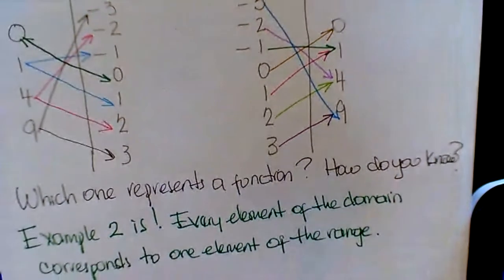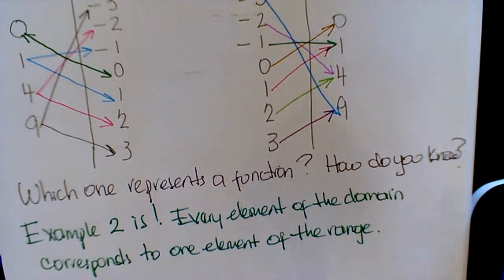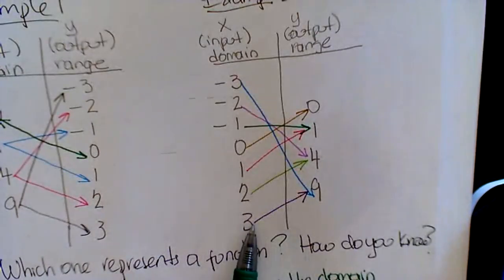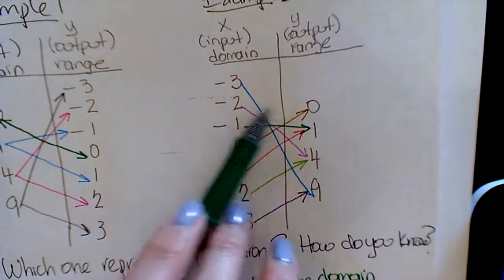This is exactly the definition of a function. There's one arrow stemming from each x, only one arrow.